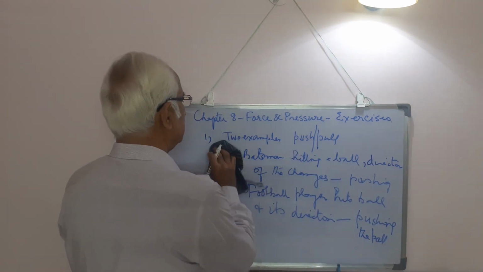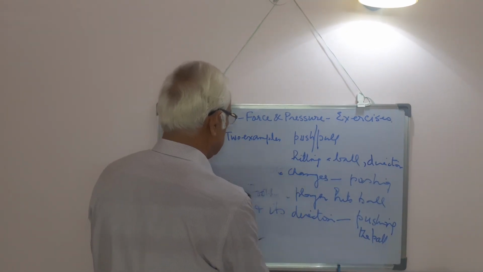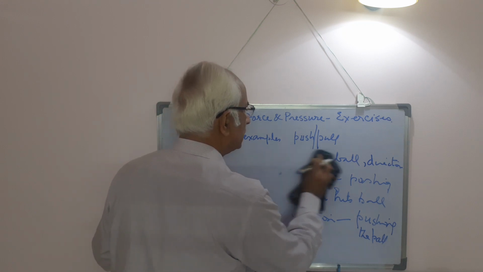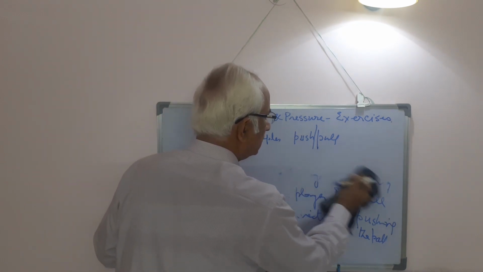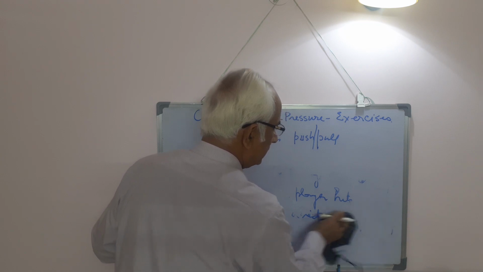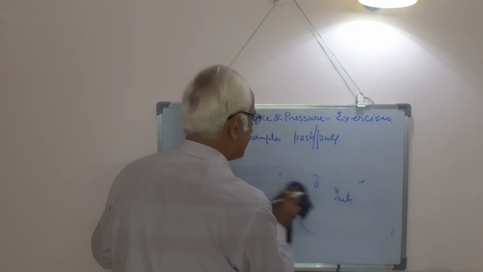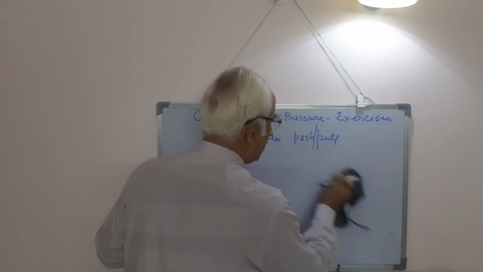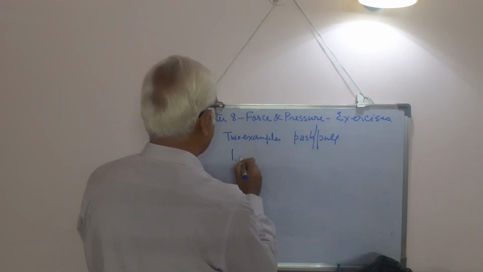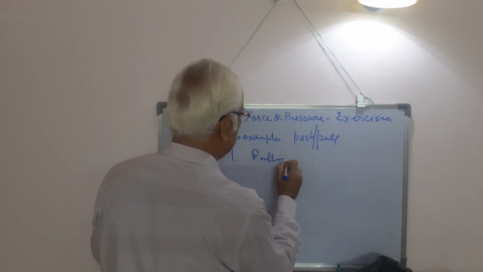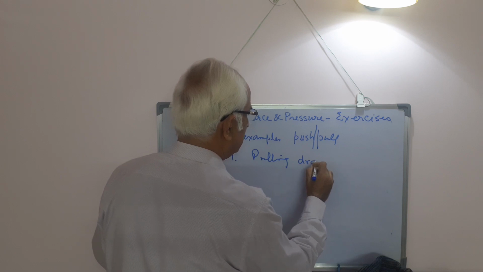Now pulling. There are again so many examples. I'll give you just two examples. One is pulling a drawer of a table.